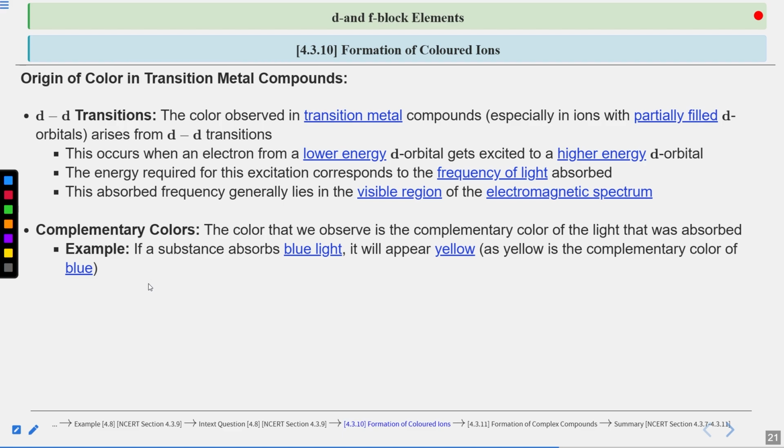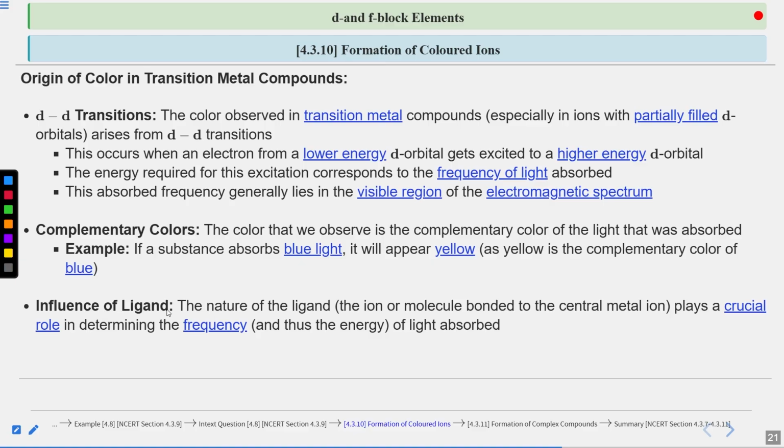When the electron is excited from the lower energy level to the higher energy level, the energy corresponds to a particular frequency of light that is absorbed. This absorbed frequency lies in the visible region, which corresponds to a particular color. Now the color that we observe is complementary to the color that was absorbed during this excitation of the electron. That's what we are saying. So for example, if a substance is absorbing blue light, it will appear yellow, because yellow is the complementary color of blue.